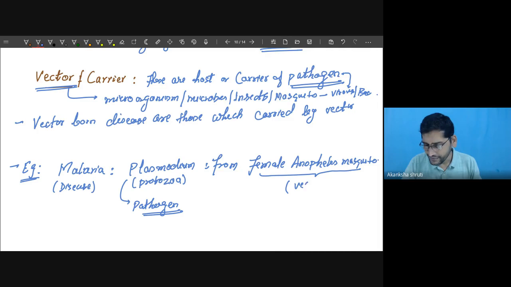This is a vector. Get it? So the vector for malaria is the Anopheles mosquito. But what is the germ or the pathogen of malaria? Plasmodium, or protozoa. And this protozoa is present over the mosquito.